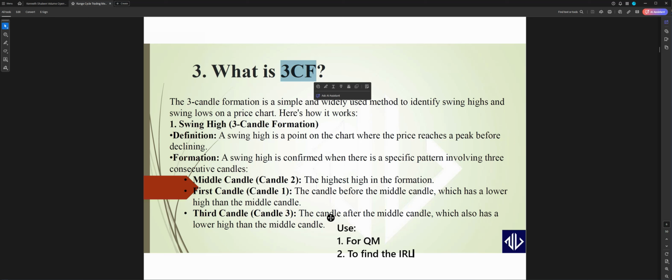Every range cycle will have the internal range liquidity, and if the range does not have the internal range liquidity, then the market will create or engineer the liquidity and then take that liquidity. So that liquidity will also be in the form of three candle formation or swing points or the pivotal points.